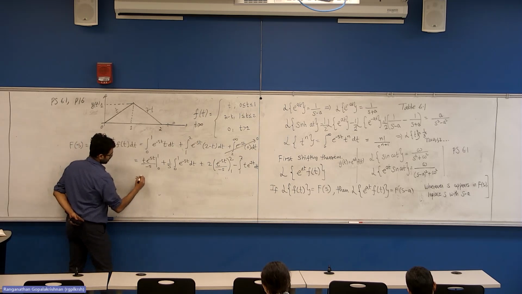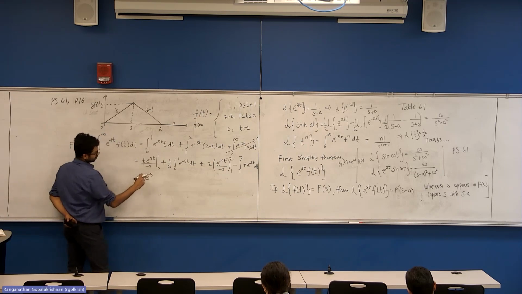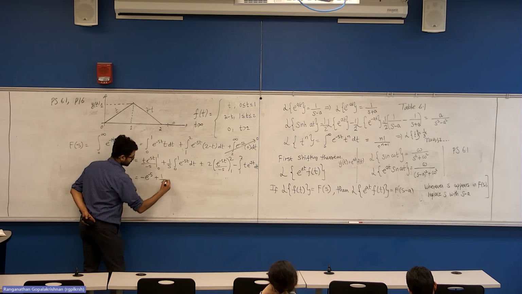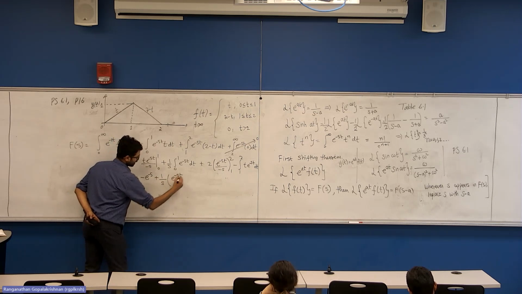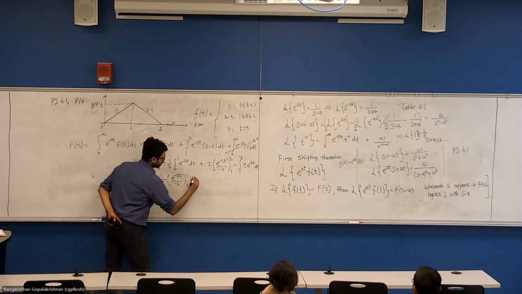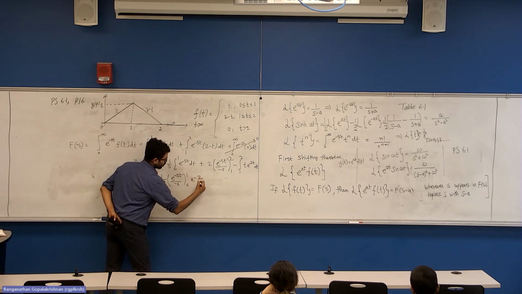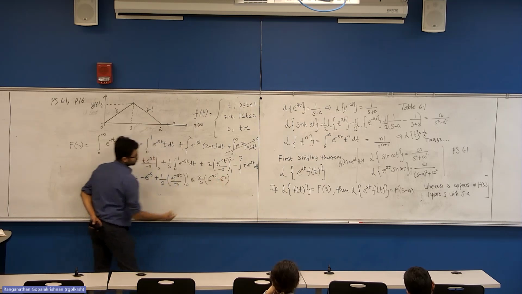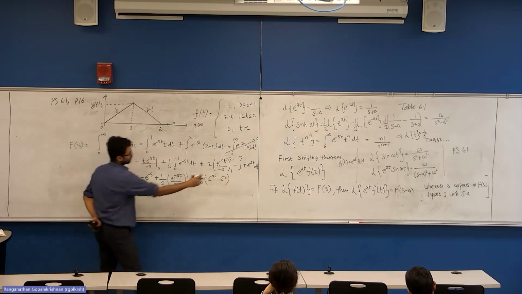So this would be, upper limit is minus e to the power minus s, lower limit is 0, plus 1 over s times e to the power minus st divided by minus s from 0 to 1, plus minus 2 over s, e to the power minus 2s minus e to the power minus s. Then you have to again integrate that.